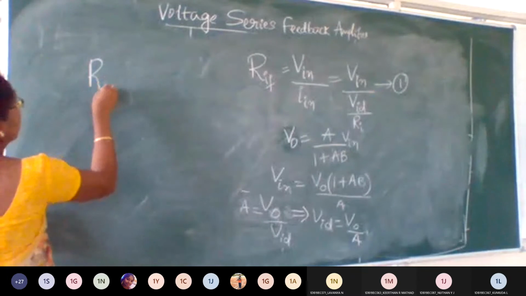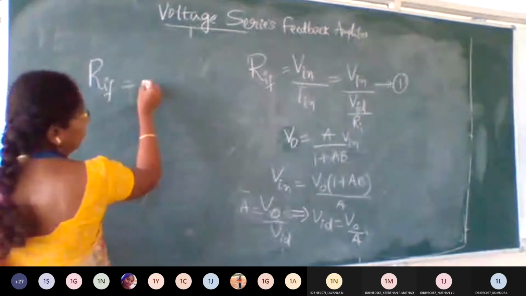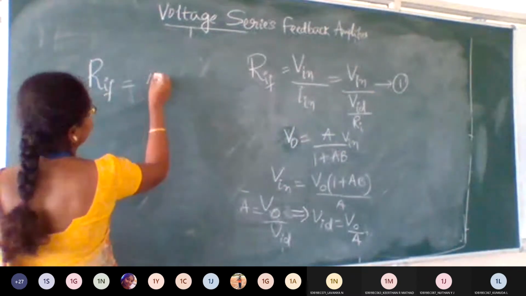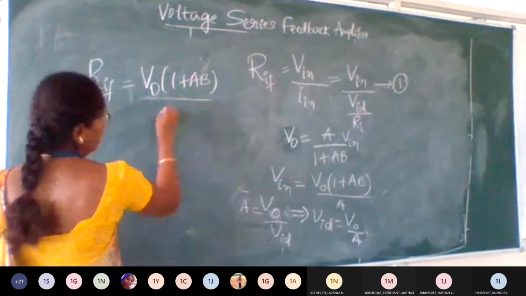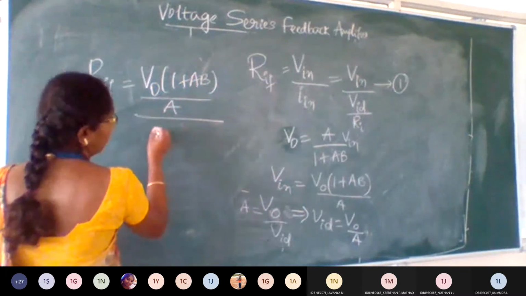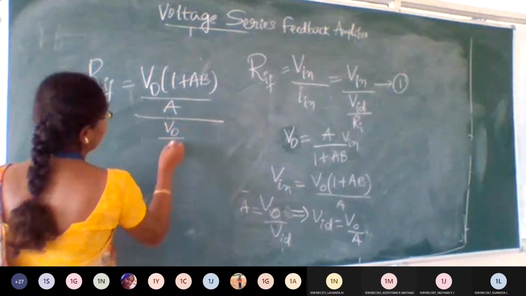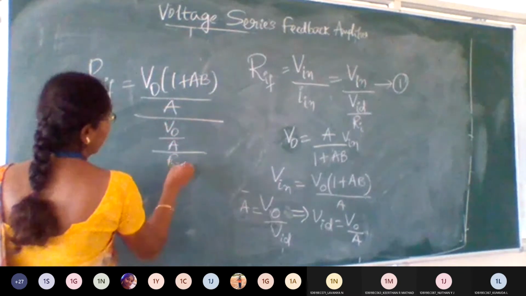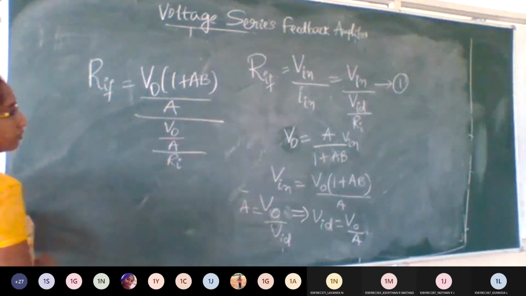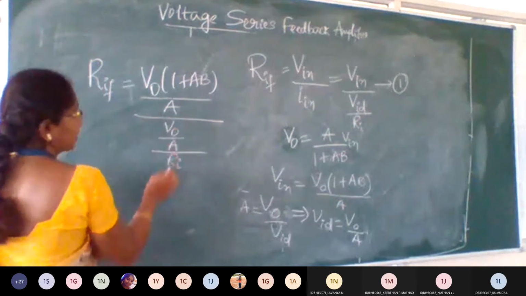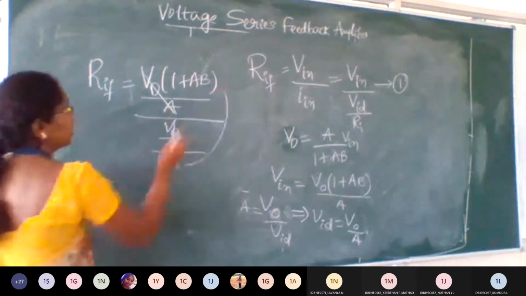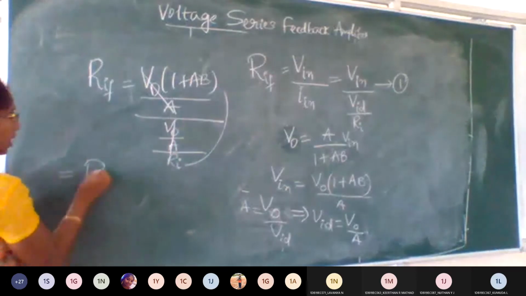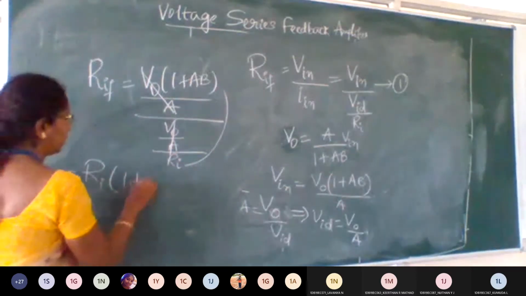So RI here is equal to V in, which is V naught into 1 plus AB by A, that whole divided by VID, which is V naught by A, and that divided by RI. So V naught by A cancelled. This RI shifts to the numerator. So RI into 1 plus AB.